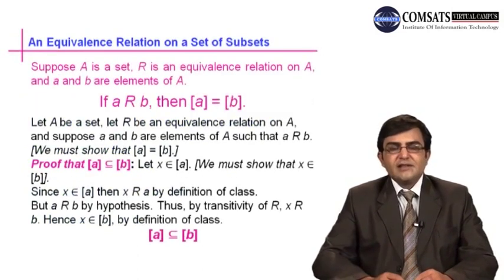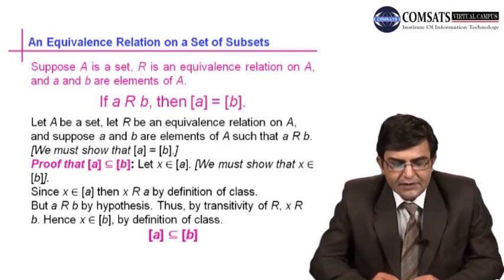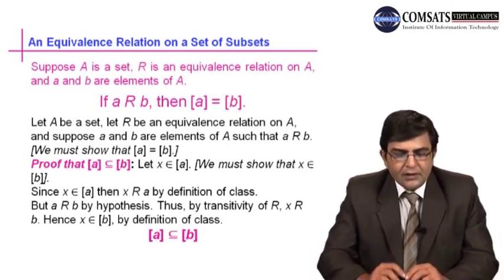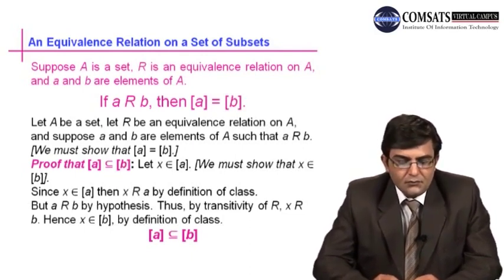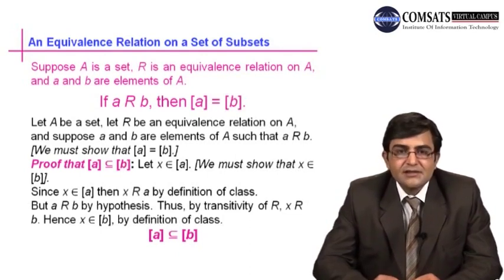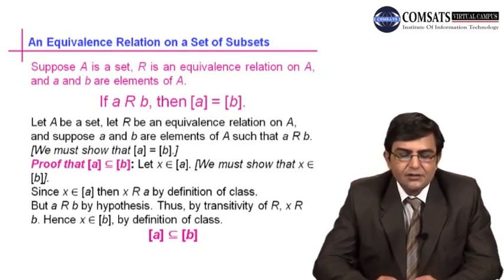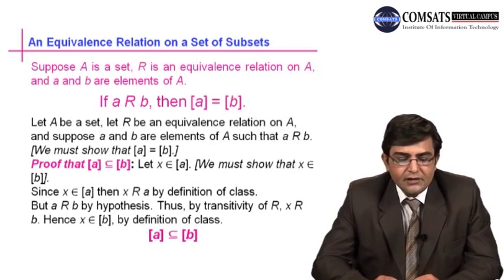So in the last lecture we have defined that an equivalence relation is a relation on a set which is reflexive, symmetric and transitive. Now we are going to discuss some properties of the equivalence relation. In the previous lecture we have seen that if we have a set A, and R is an equivalence relation on A, we have computed equivalence classes.